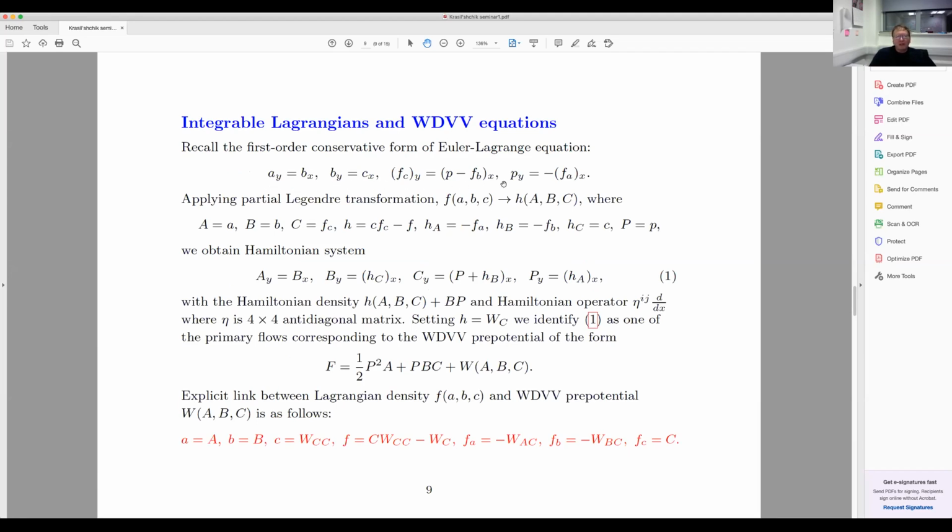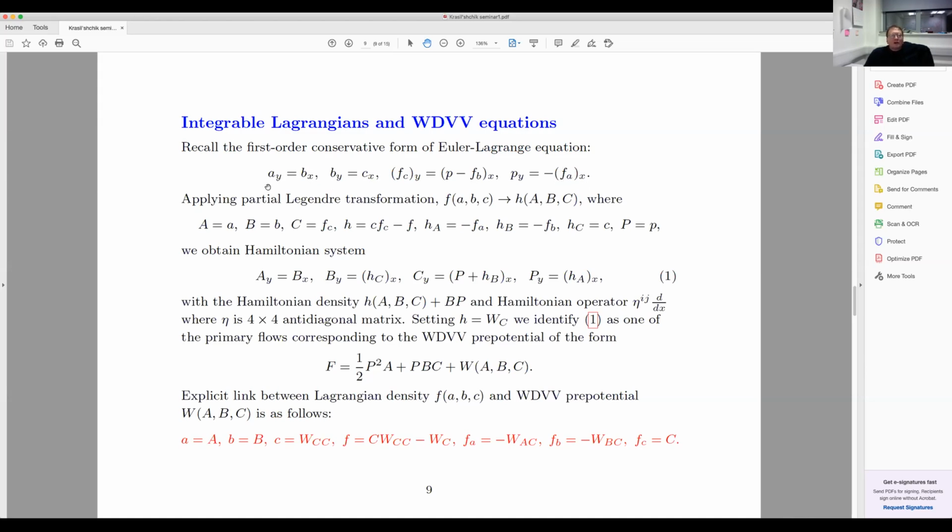Let me remind you that this four-component system appeared before when I derived integrability for Lagrangian densities. I wrote the Euler-Lagrange equation in four-component form. This is it, I just copied it. The first thing I want is to write this four-component system in Hamiltonian form. Remember, I required this system to be diagonalizable, and I obtained integrability conditions for it.